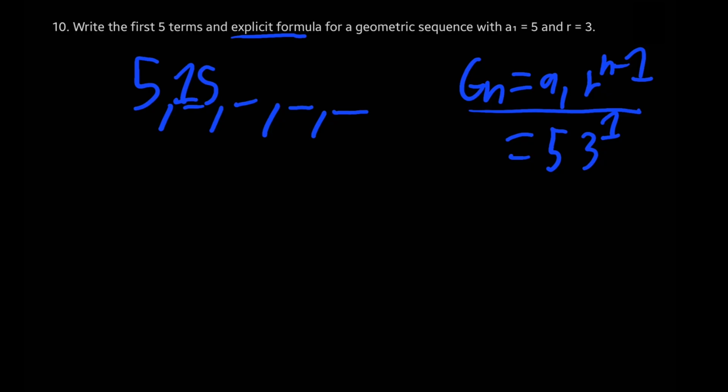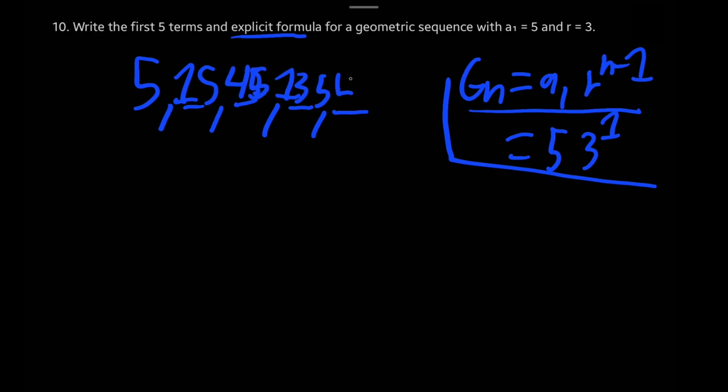I just wrote this as reference, but if you're not told to really write every single one, you can just use this logic. As you saw, our first term will be 5 multiplied by our common ratio, which is 3. We can also just multiply 15 by 3, so we get 45.